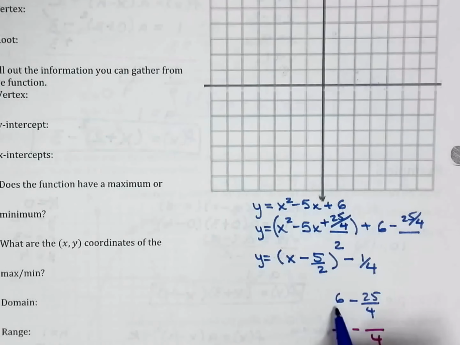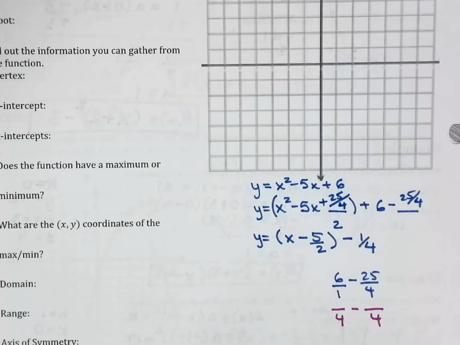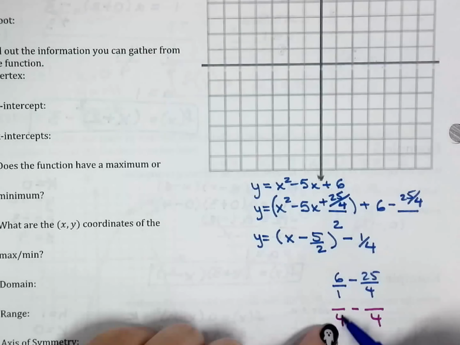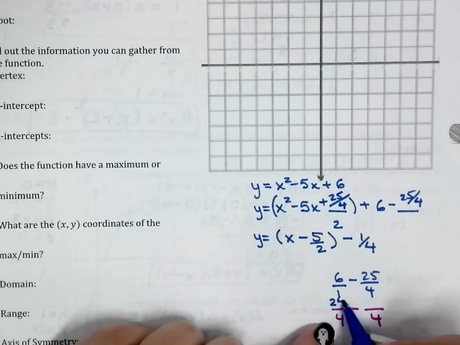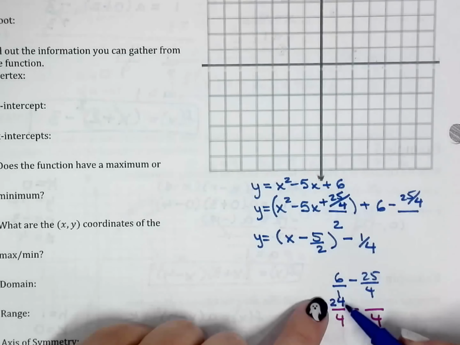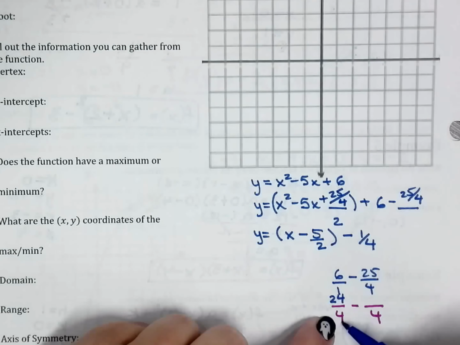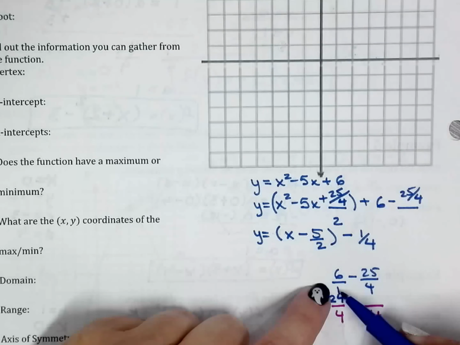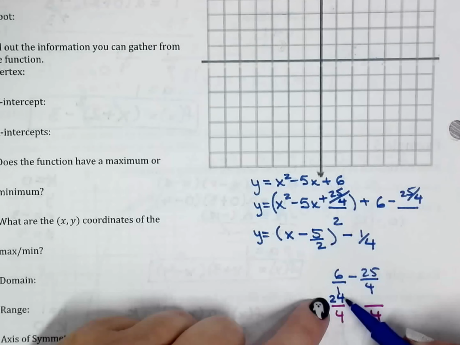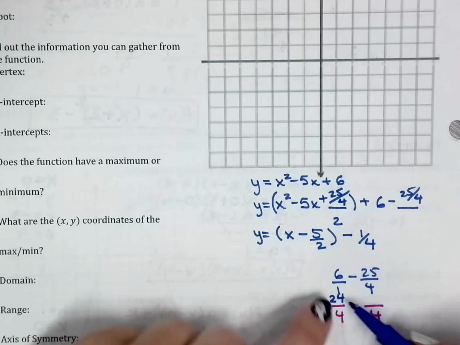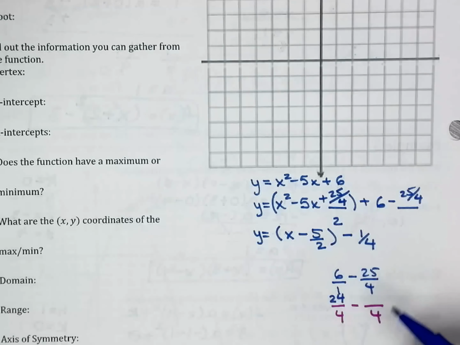Okay. So I have an invisible 1 there. So to make this the same fraction as it was, but with the denominator 4, I need to have a 24 there. Because 24 divided by 4 is 6. 4 divided by 1 is 4. 4 times 6, 24. That's where I got 24 from. And then 25 was already there.